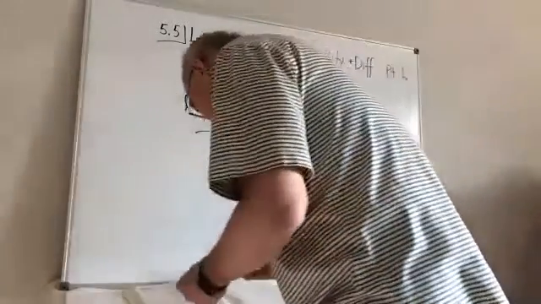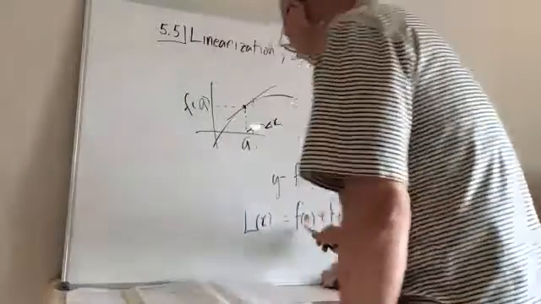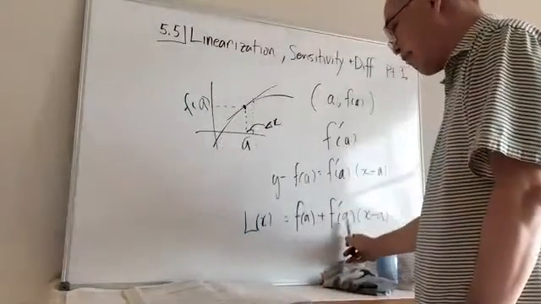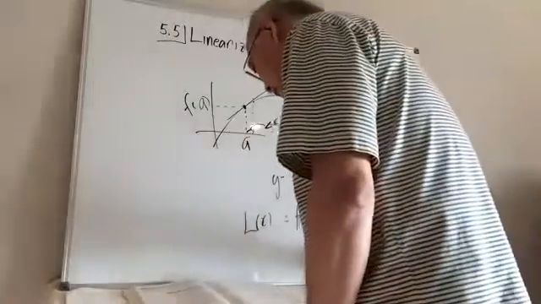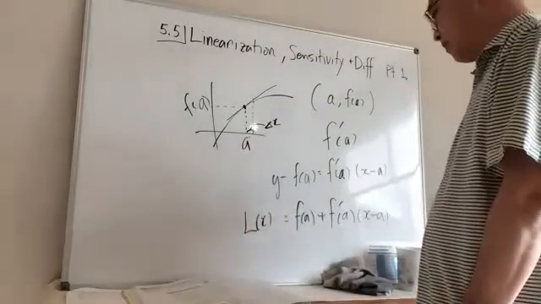So L of x is f of A, when x equals A, plus f prime of A times x minus A. So that's where that comes from.